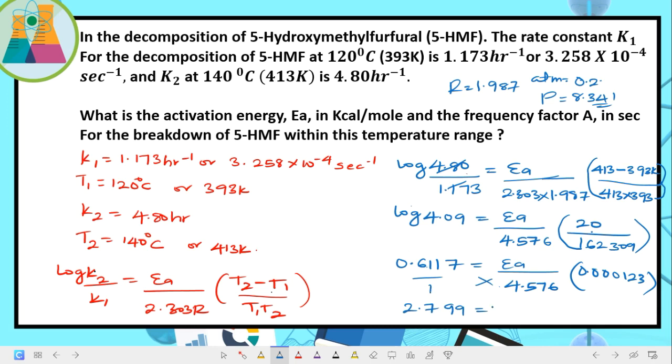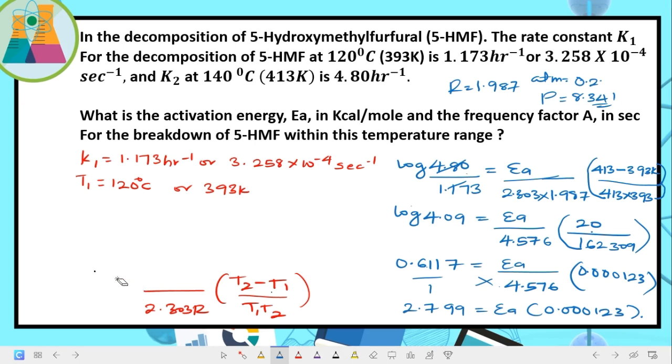If you use this to multiply this, it's going to give us EA. Then we still have 0.000123. Okay, now at this point in time, what can we do now? Put in or multiply and then what? Divide to get your final answer.